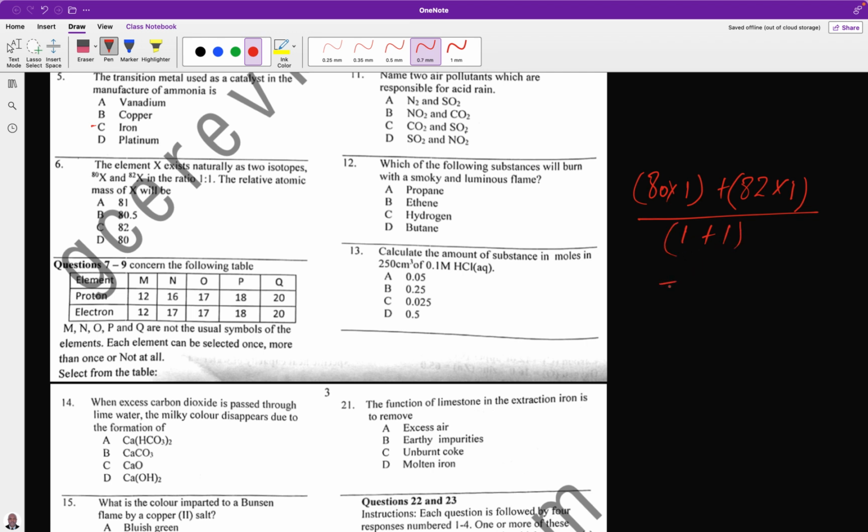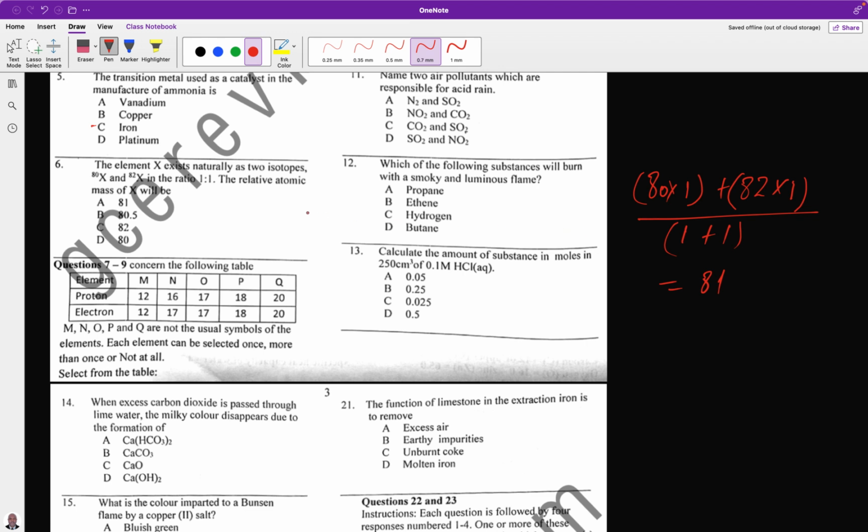In this case, we will have an atomic mass of 81.